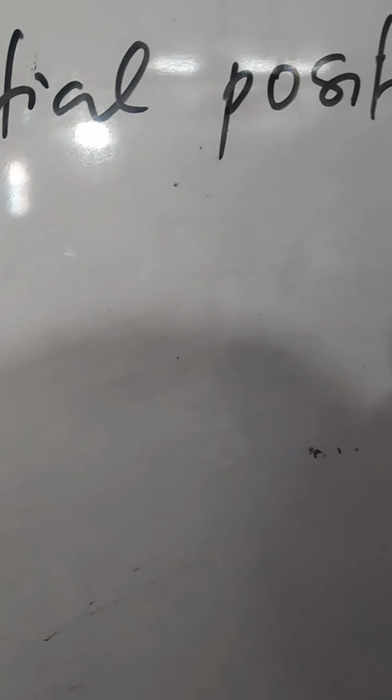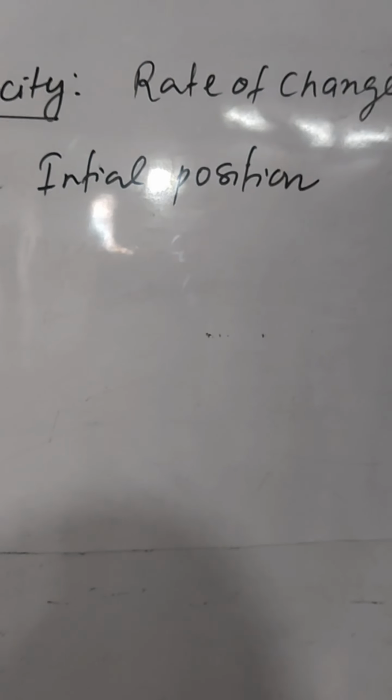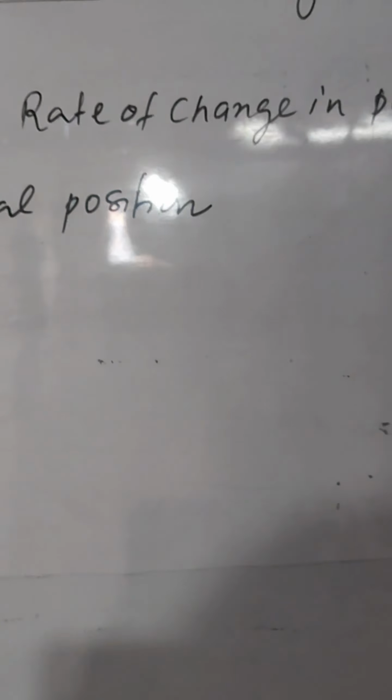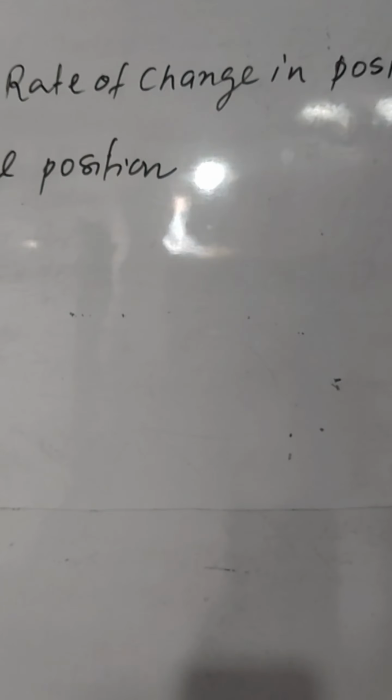Suppose we have a single coordinate system. It means the motion happens only on a straight line. Why? Because this is the simplest case of velocity or of any quantity.